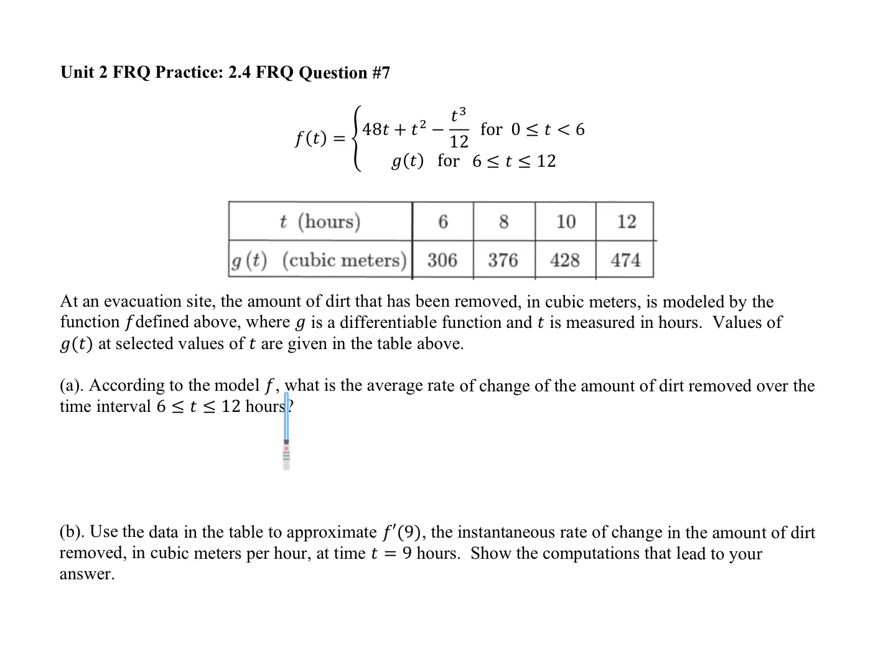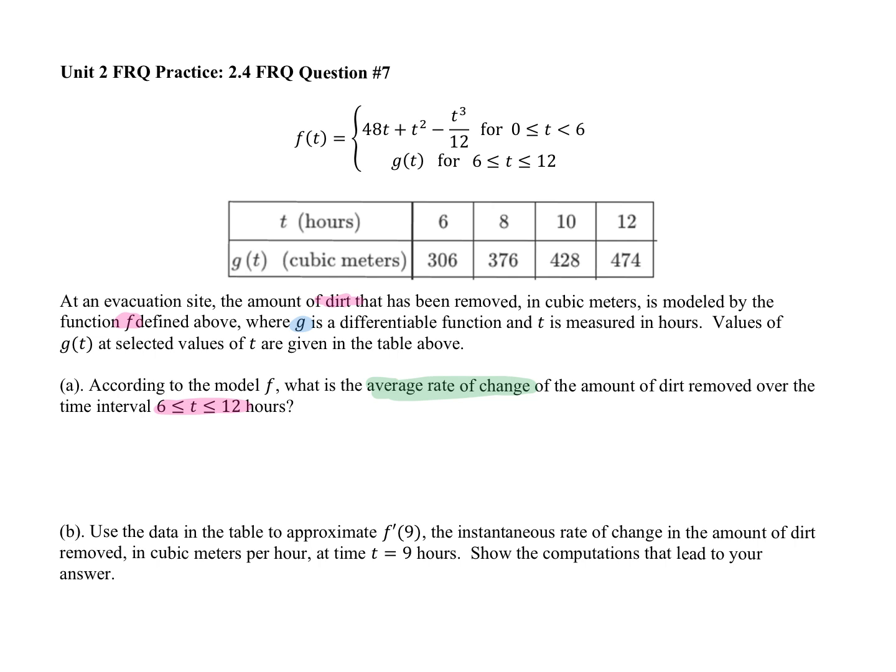It says, according to this model, what is the average rate of change of the amount of dirt removed from 6 to 12 hours? The amount of dirt removed, in cubic meters, is F. G is the differentiable function, T is measured in hours.